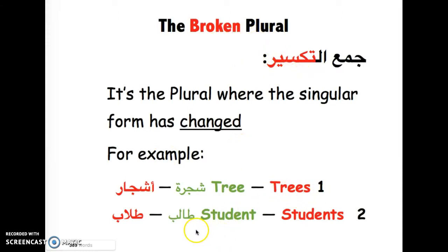Trees. Student, and here it's talib, and the plural form is tullab. Anyhow, this is only a small example, but we're gonna get into more examples, and hopefully you'll understand more.